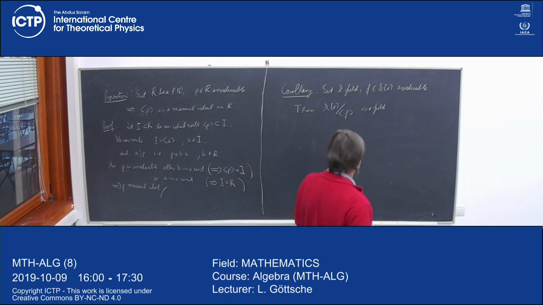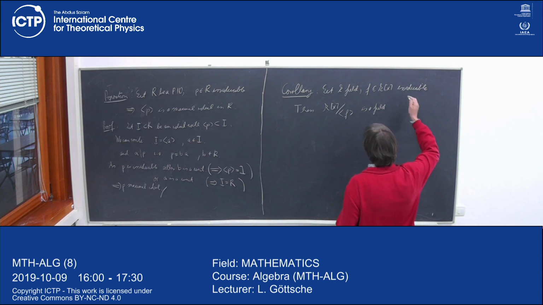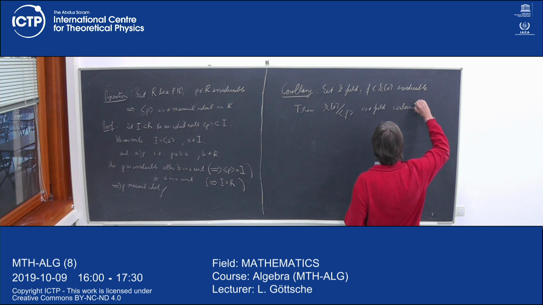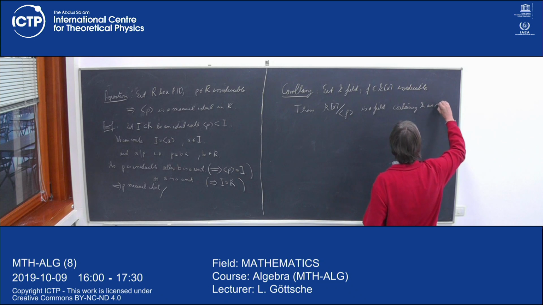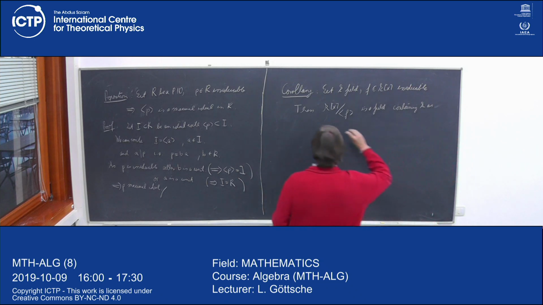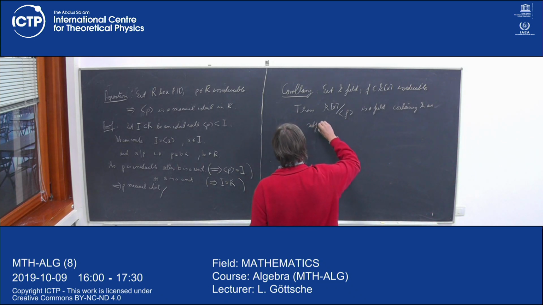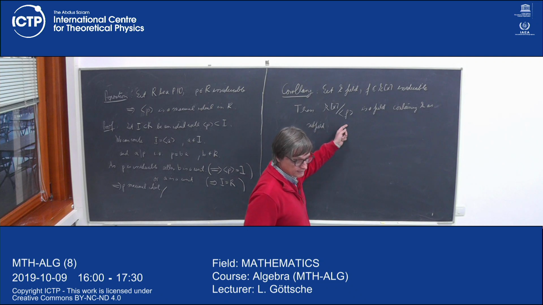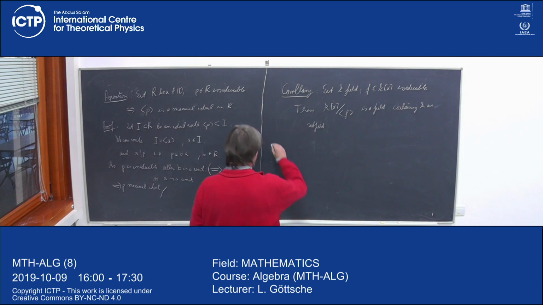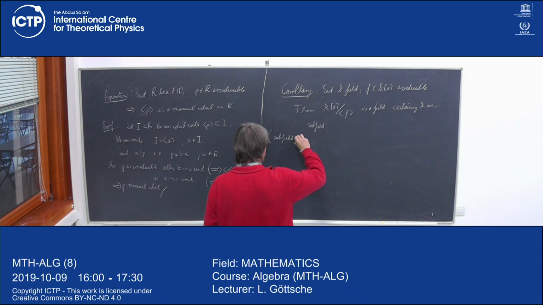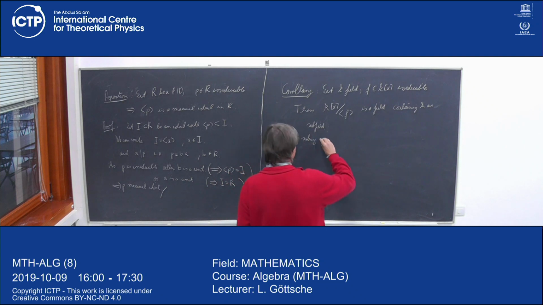And I should say, I write it loosely, containing K as a subfield. Strictly speaking, it contains a field isomorphic to K as a subfield. A subfield just means a subring which is also a field.